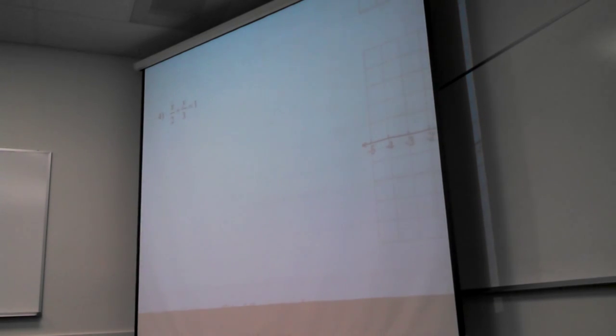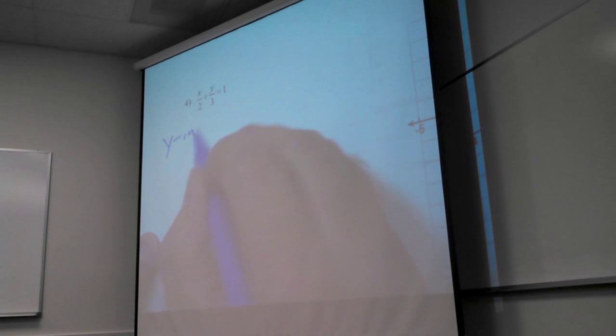You really don't have to do anything to the equation itself unless you really want to. You could kill the fractions, but there's not any reason for it. Because the minute I make x 0, what would I find? Y. I'm going to find the y-intercept. So to find the y-intercept, let x be 0.